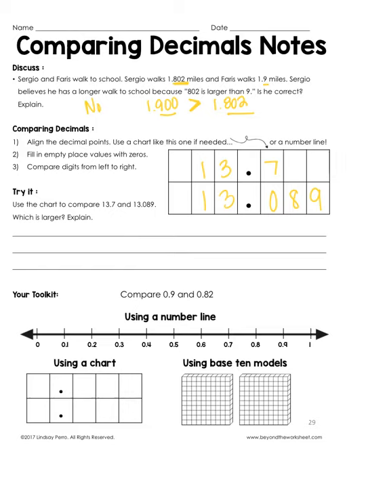But if I add in those placeholders, if I add in those zeros here, 700 is way bigger than 89, right?